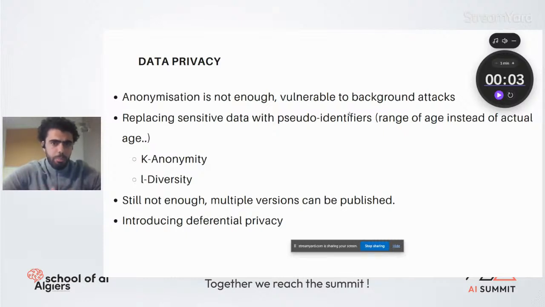Even though this is an improvement over k-anonymity, this is still not enough, because multiple versions of the data can be published.